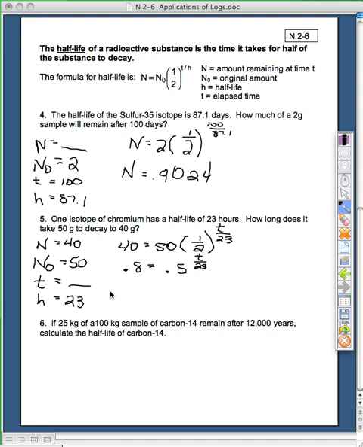Log of both sides, log of 0.8 is equal to T over 23 times the log of 0.5. Now to solve this, we always do the opposite. This is divided on this side, so we're going to multiply over here. So we have 23 times the log of 0.8 divided by the log of 0.5 is going to give me T.